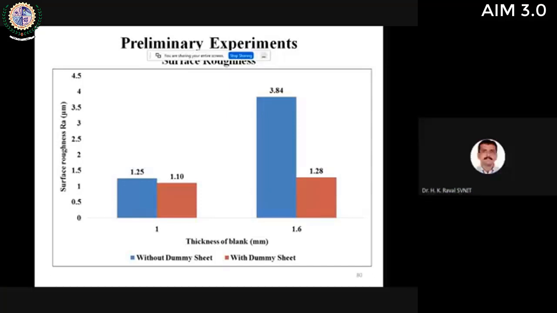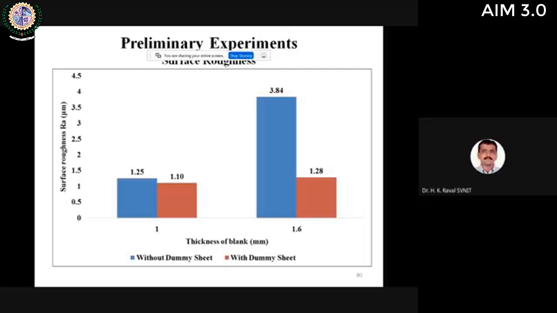Hence, to prevent that, a dummy sheet is kept over the sheet of the deforming object, and then the surface roughness was measured. As the dummy sheet is kept between the sheet which is undergoing deformation and the tool, there is no direct contact of the tool with the deforming sheet.